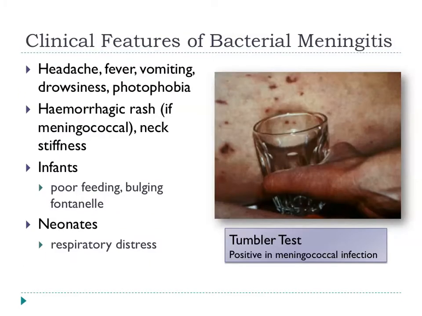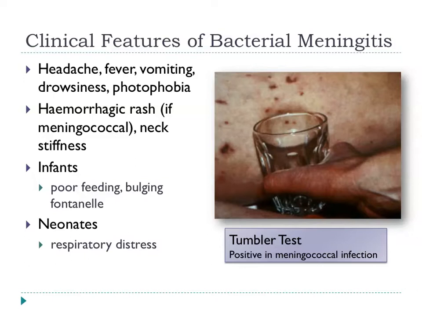So in bacterial meningitis, we've got the headache, fever. We also get vomiting, drowsiness, photophobia. And then if it's meningococcal, caused by Neisseria meningitidis, we get this rash. And there's this so-called tumbler test, which you can do. If you take a glass tumbler like this and hold it up against the rash, push it up against the skin, the rash doesn't go away.